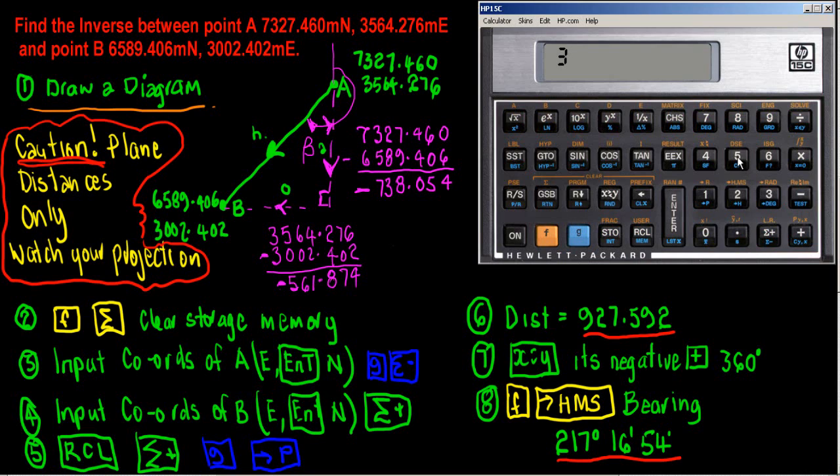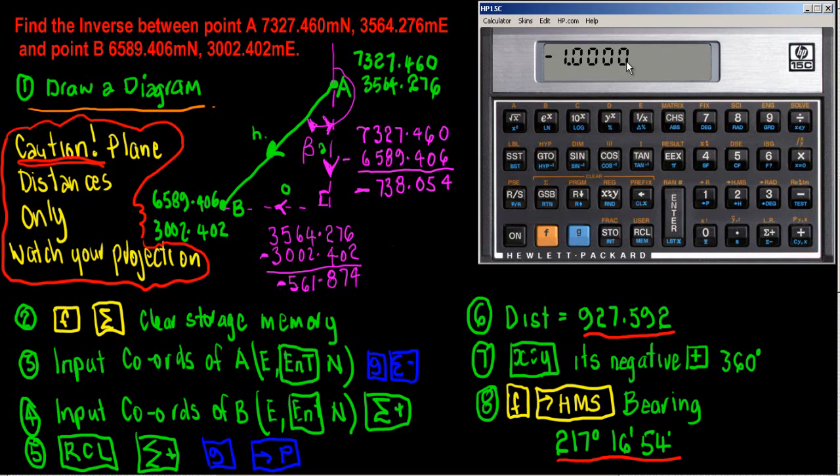So 3564.276, enter, and then we put in the northing, 7327.46. We don't need to put the 0 in. And then what we do is we go sigma minus, which is G sigma minus. And that gives us this -1 up here, which tells us that we've used the sigma minus once.